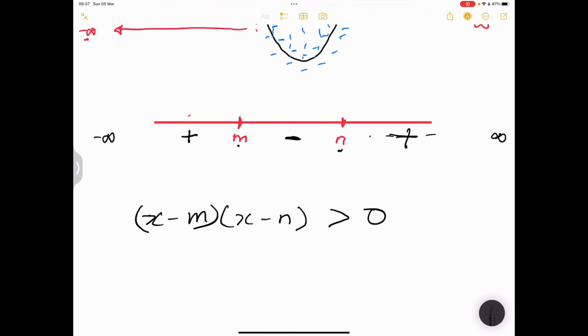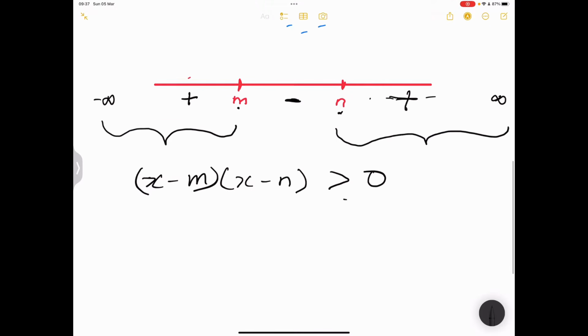Now, when we solve this, where is this graph greater than 0? We know it's greater than 0 from negative infinity all the way to m. We also know that it's greater than 0 from n all the way to infinity.